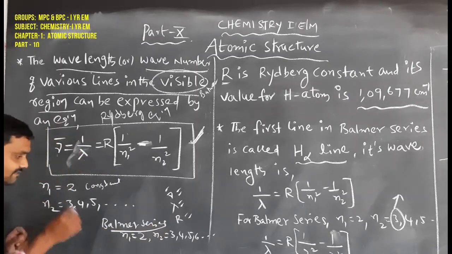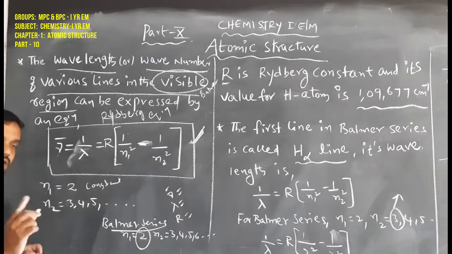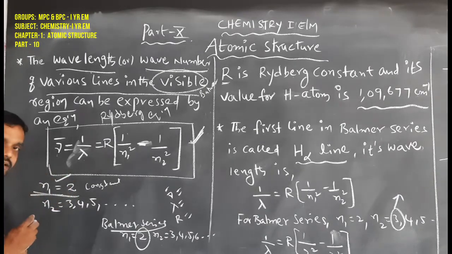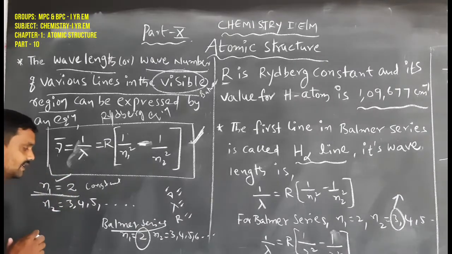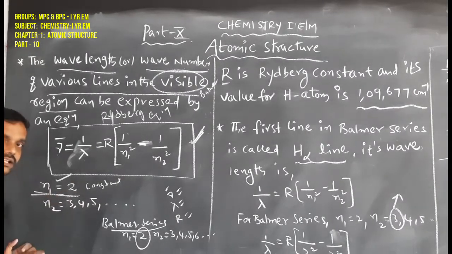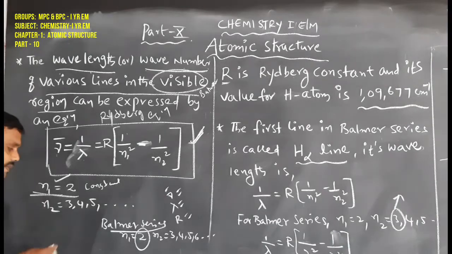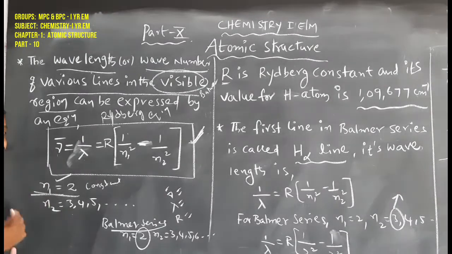That means n1 is constant for the Balmer series, that is 2. n2 starts from 3, 4, 5, 6 up to infinity, so n2 values may be 3, 4, 5 and so on up to infinity.